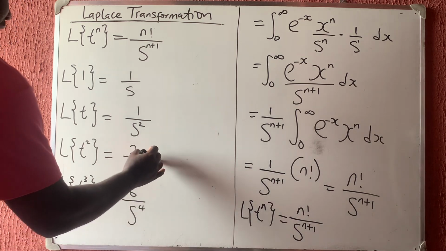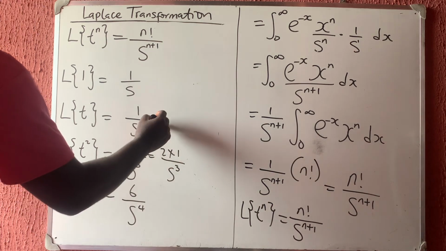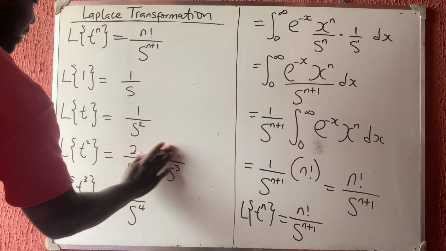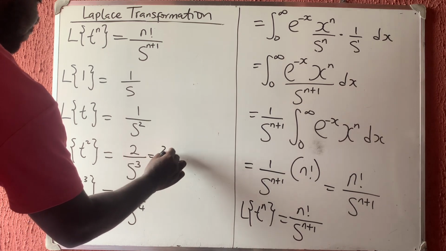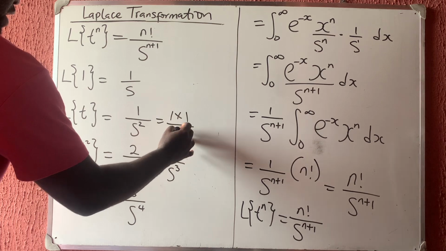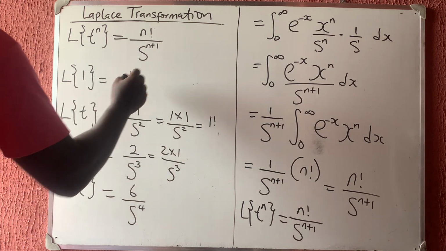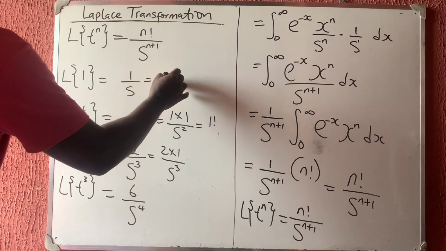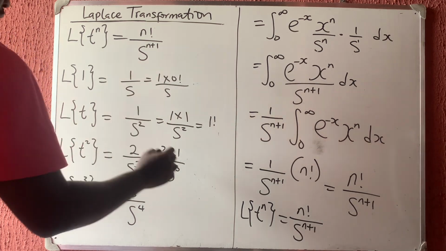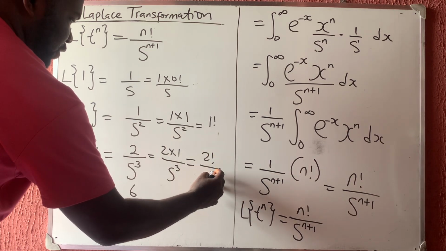If you look at this, it is something like 2 times 1 over s cubed. So the one for t is 1 times 1 over s squared, and 1 times 1 can be written as 1 factorial. The one for 1 can be written as 1 times 0 factorial all over s. This one can be written as 2 factorial all over s cubed.